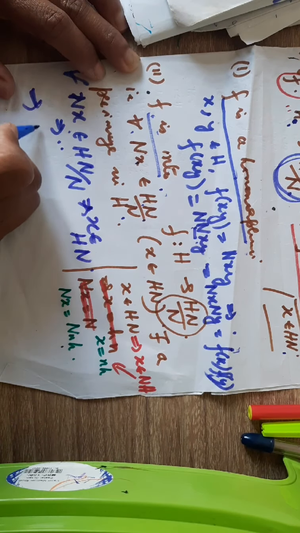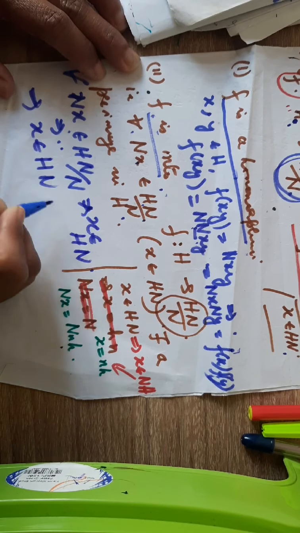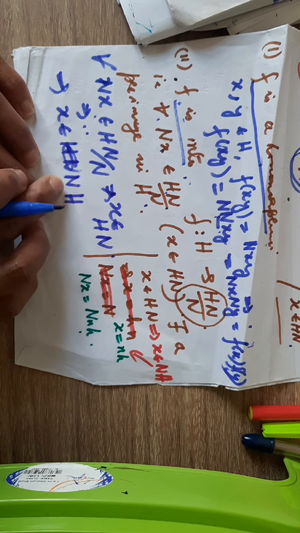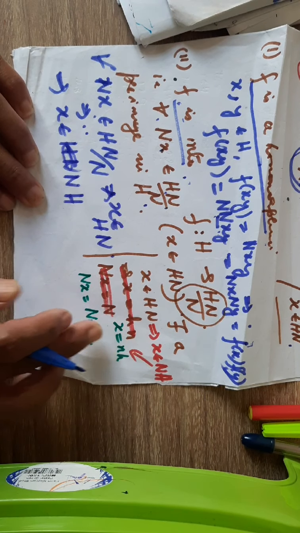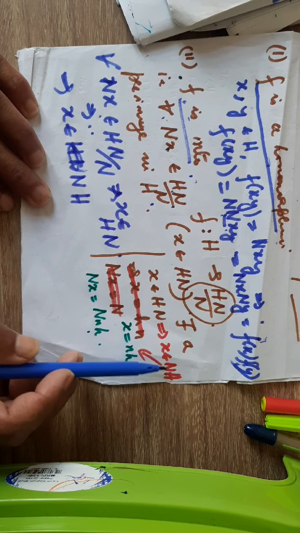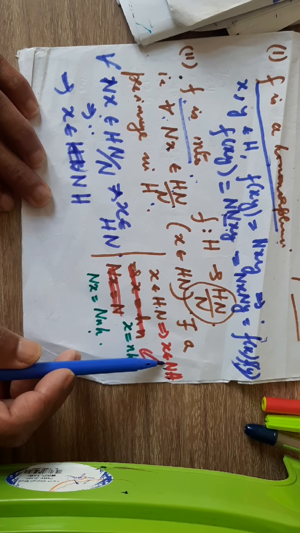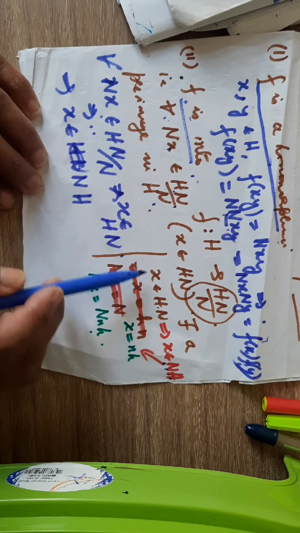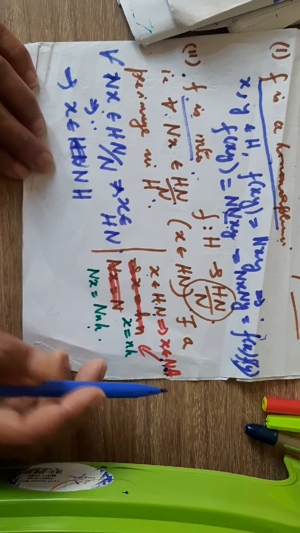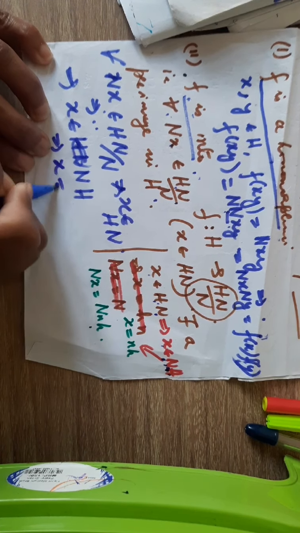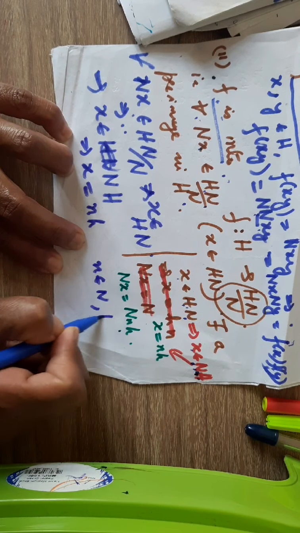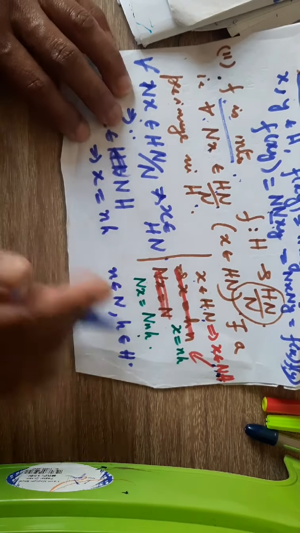So now this implies that x belongs to NH also, because HN is the same as NH if N is a normal subgroup of G. So by the theorem on that one, NH is the same as HN if N is a normal subgroup. So therefore, if x belongs to HN, it will imply that x belongs to NH. Now if it belongs to NH, it implies that x can be expressed as nh, where n belongs to N and h belongs to H.